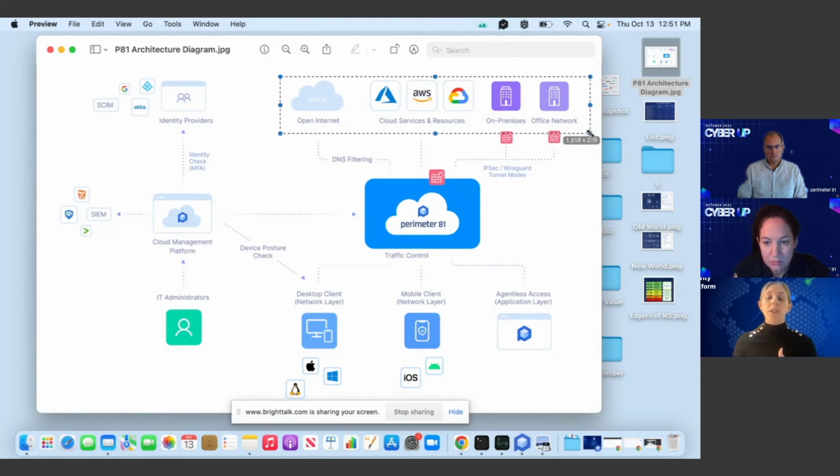So we really want to put a perimeter around an organization's corporate stack resources, so that they can better protect and provide much more granular access into their infrastructure. So not only being able to control what a user is accessing, but even how they're accessing, right?